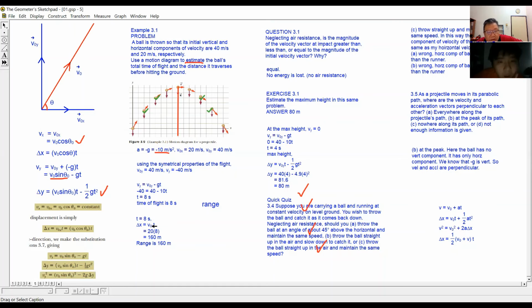So we use the horizontal component, which is constant throughout the journey, multiplied by the time. The horizontal component is 20, meaning it's moving forward at 20 meters per second. The time is 8 seconds, so 20 multiplied by 8 is 160 meters. We say the range from here until here is 160 meters. So when you calculate the range, you only use the horizontal component, but the time, you get it from the vertical component.